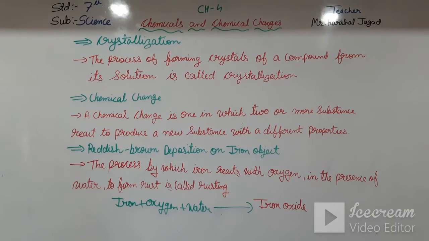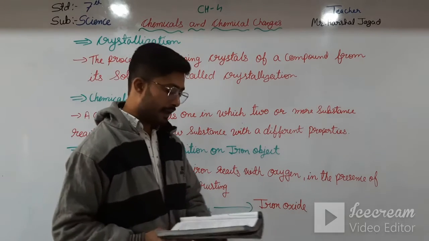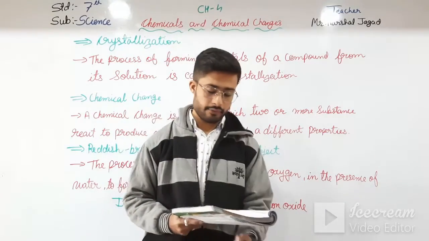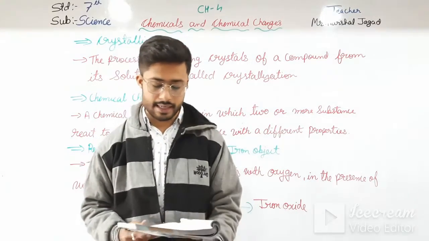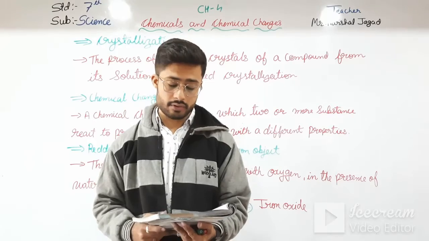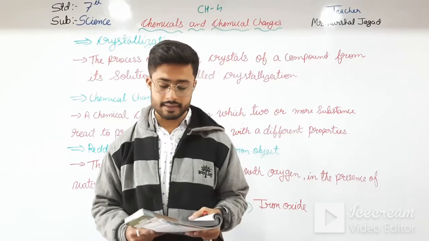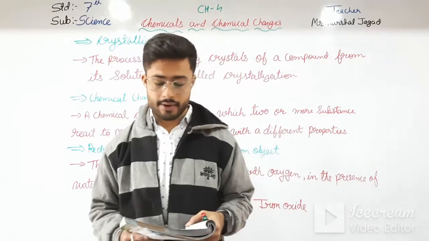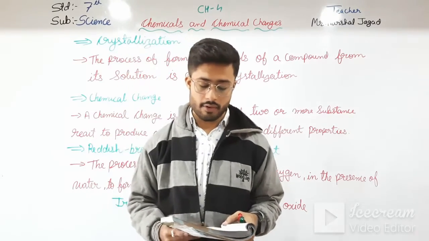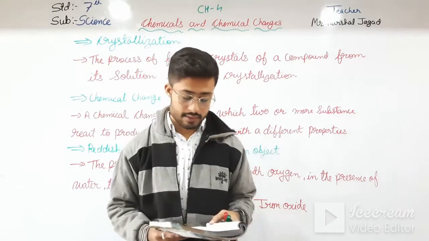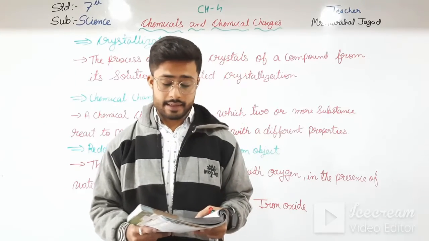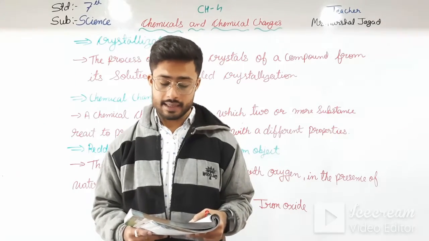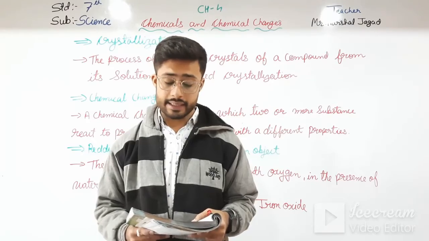Okay, and there is an activity to show that the rusting of iron requires both oxygen and water. Materials needed: 3 test tubes, iron nails, boiled water, tap water, anhydrous calcium chloride, vegetable oil, and rubber corks. See here, take 3 test tubes and label them A, B, and C. Place an iron nail in each of them.